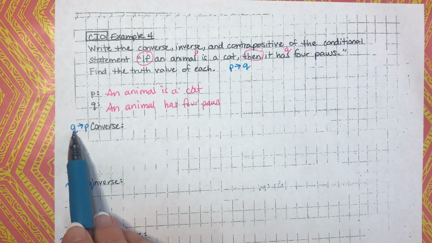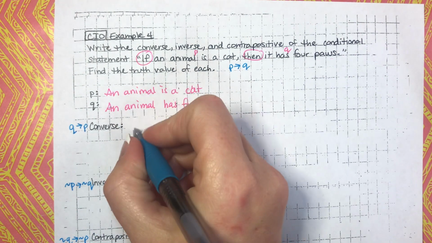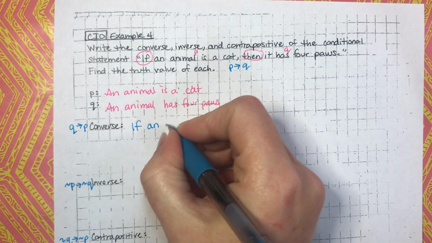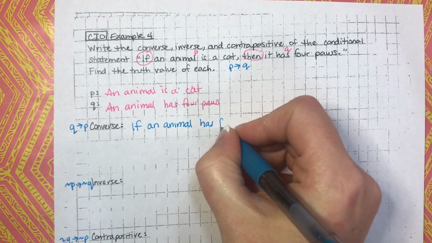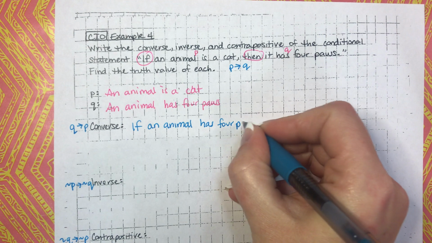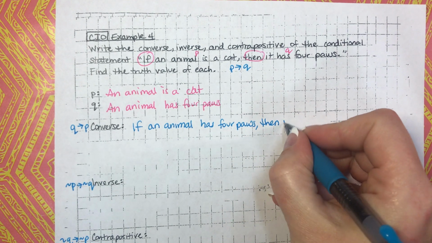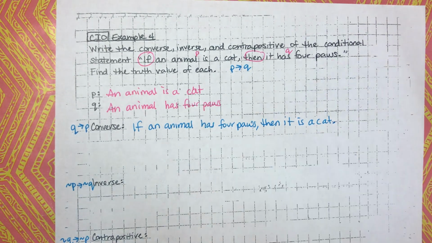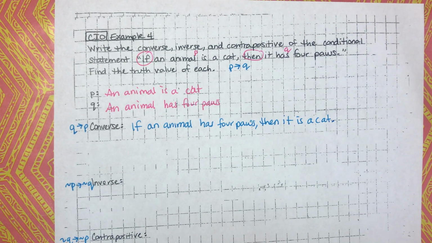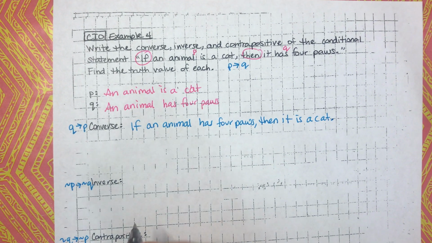Now we're going to write the converse. It says we're going Q to P. So we're going to say, if an animal has 4 paws, then it is a cat. Great. Now let's write the inverse. It's going to go back to P to Q, but now we do the negation.